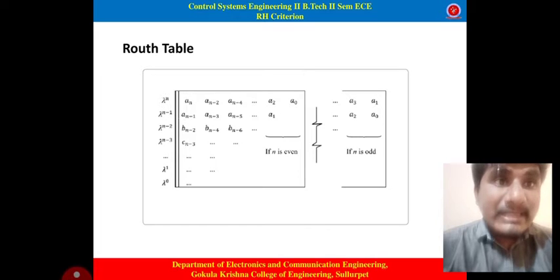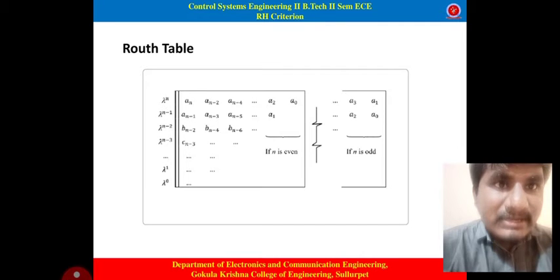In that characteristic equation, for example, you have a_n s^n plus a_(n-1) s^(n-1) plus a_(n-2) s^(n-2) and so on. If you have that characteristic equation, then we will be forming a Routh table, something like this.